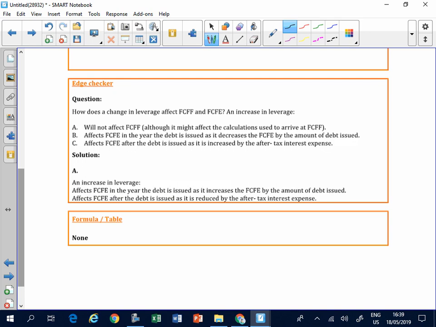This may be a good question in the exam. If you've got control of the company and you're going to change the capital structure, the valuation methodology you want to use is FCFF, free cash flow to the firm, because the net borrowing term is going to be very big for FCFE, and it's not nice if your cash flows have lots of volatility in them.